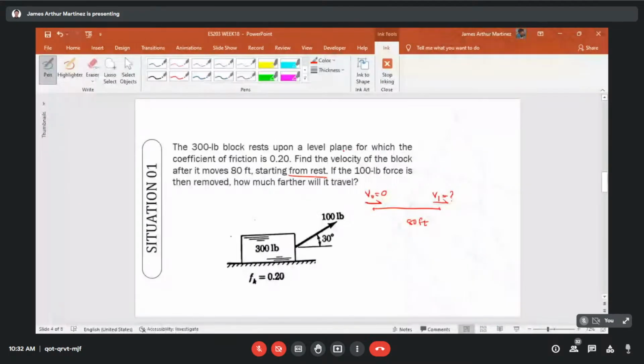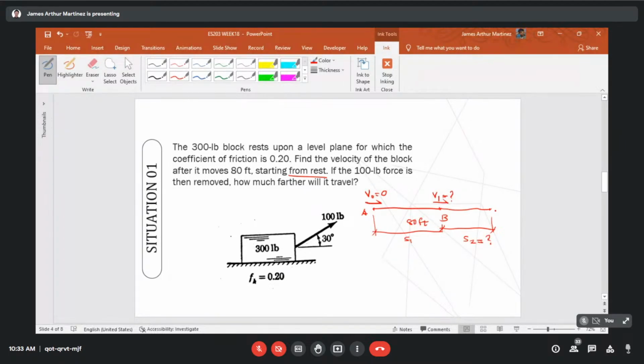Let's say this is point A and point B. The second condition is that after point B, the 100-pound force that is acting on the object on the incline is removed. How much farther will it travel? It will cover a certain distance. If this is S1, which is 80 feet, we designate this as S2, which is unknown.